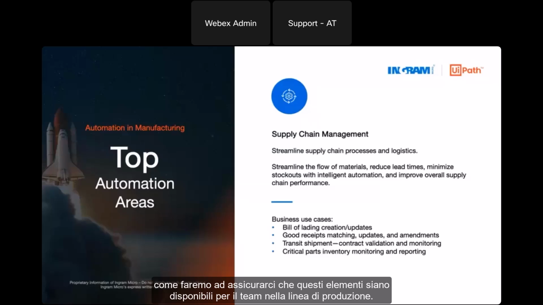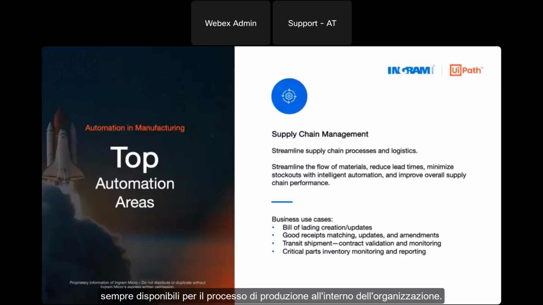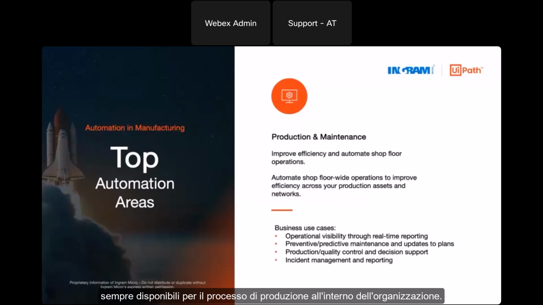How are we going to make sure that those elements are going to be available for the team in the manufacturing line? How are we going to follow the critical parts in the inventory, and how we can make sure that those elements are always available for the manufacturing process inside the organization? In the production or maintenance areas, right?